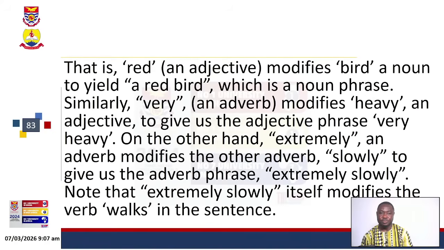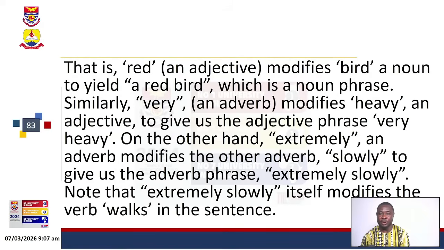Now, red is an adjective and it modifies bird, a noun, to yield a red bird. Once you add red to bird, you have a noun phrase, and the red modifies the bird.